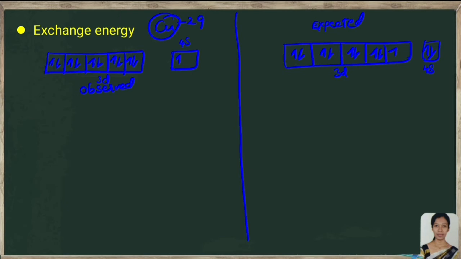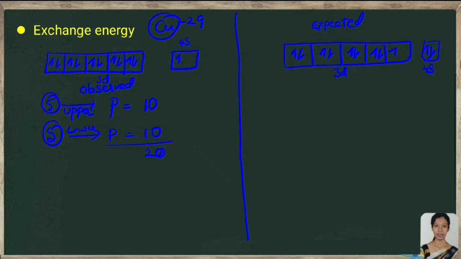As I have said before, only upper spin electrons can exchange with upper spin electrons and lower spin electrons can exchange with lower spin electrons. We have 5 upper spin electrons. For 5 upper spin electrons, the number of exchanges will be 10 exchanges. For the 5 lower spin electrons, you will get another 10 exchanges. So the total will be 20 exchanges.